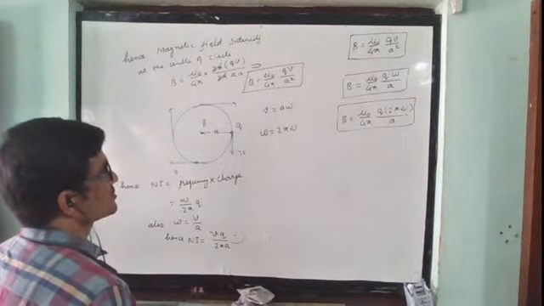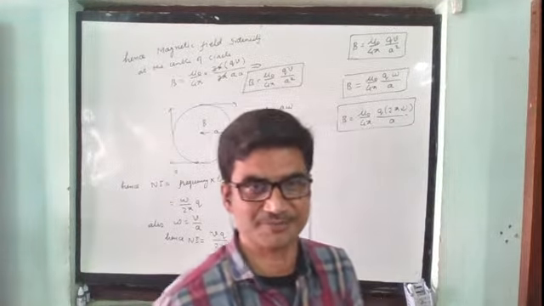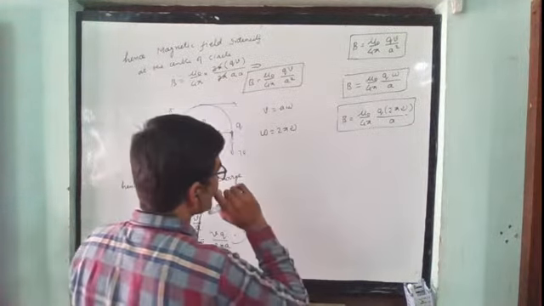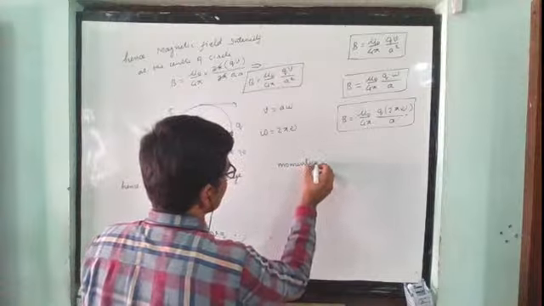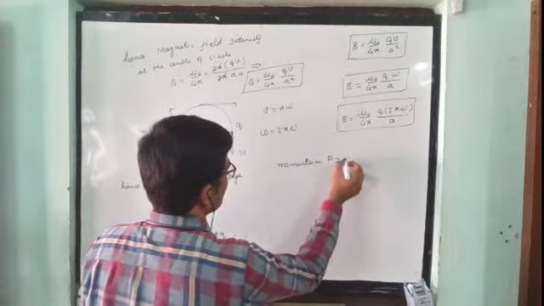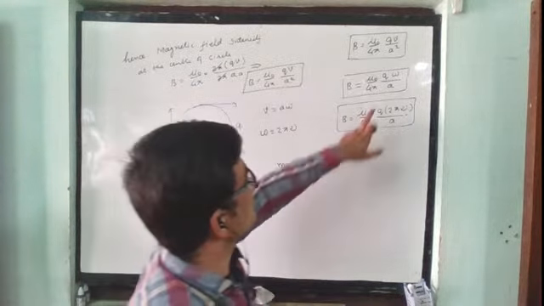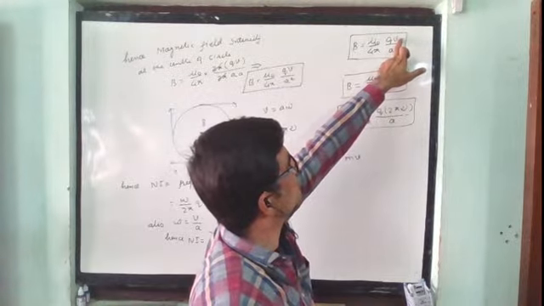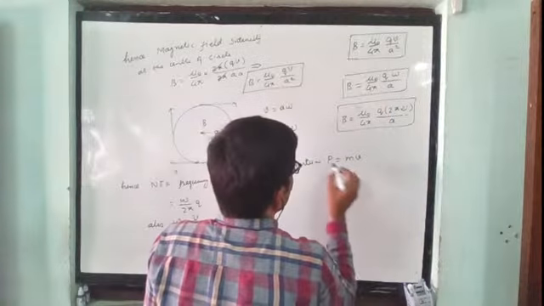Okay, so to get it in terms of kinetic energy, first we will write in terms of momentum. You also know momentum P is equal to mass into velocity. So here, in terms of velocity, we multiply and divide by mass.